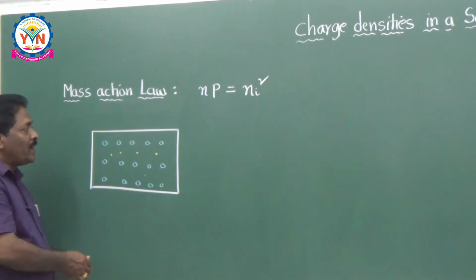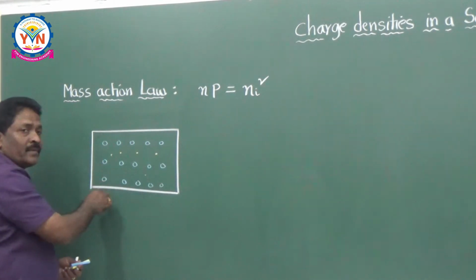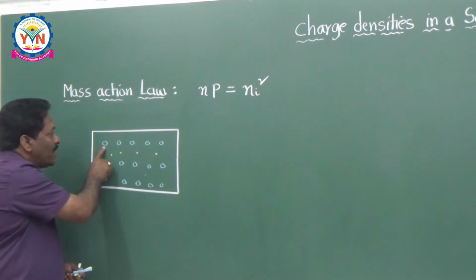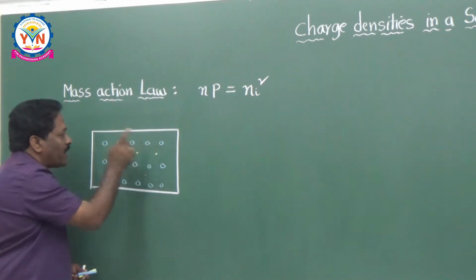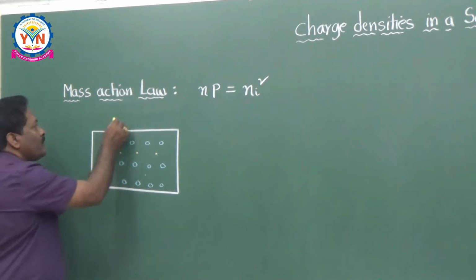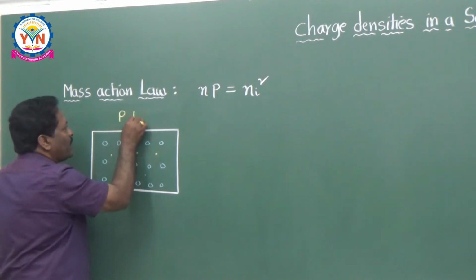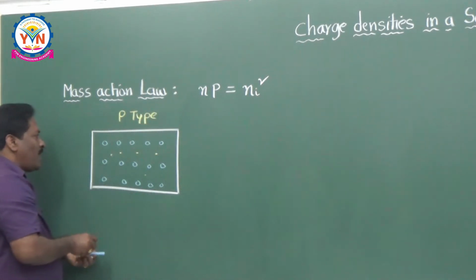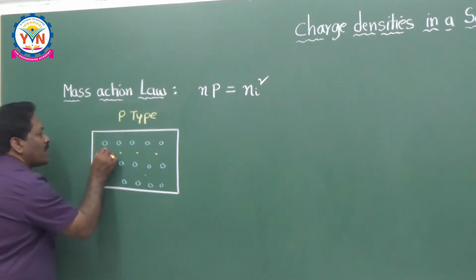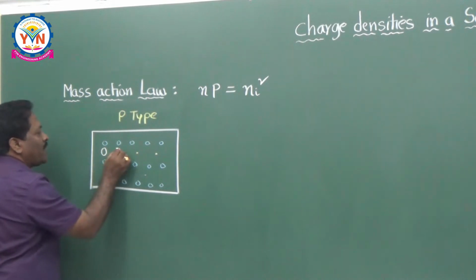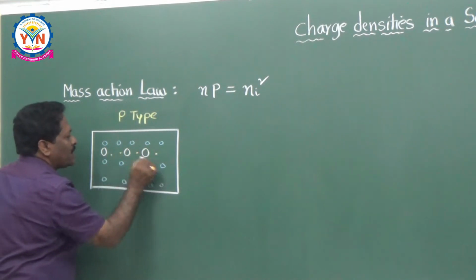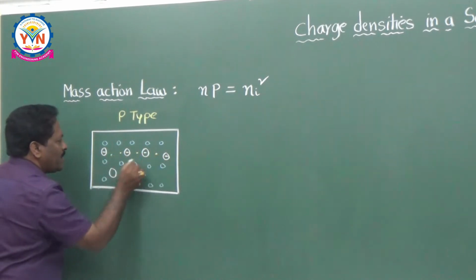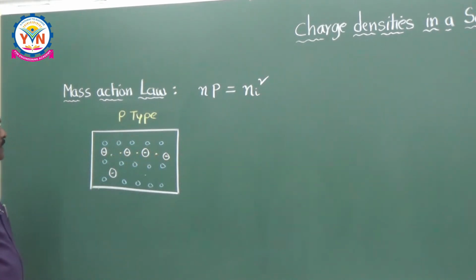That means, if you add the third group elements here, then only there is a chance of getting more number of holes. So that's why it is a p-type semiconductor. In this p-type semiconductor, the immobile ions are nothing but acceptor ions. Acceptor ions means negative ions. So these are the acceptor ions here.